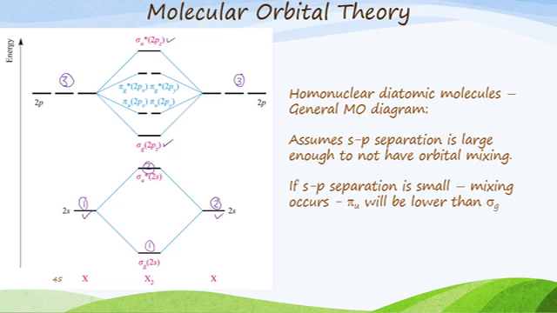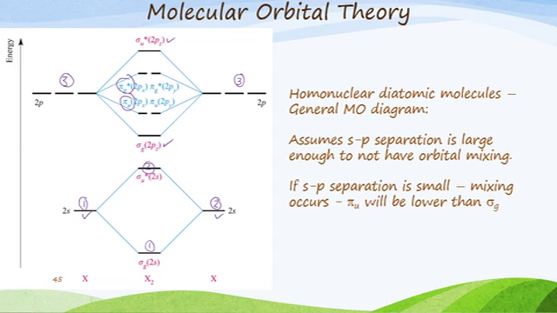And then the remaining orbitals are the px and the py. Doesn't matter which one, they are degenerate, which means they have the same energy. We have to write them on the same energy level. When we overlap them, we get the pi ungerade, because that's the bonding orbital, and then the other 2 are the pi star gerade, which are the antibonding orbitals.